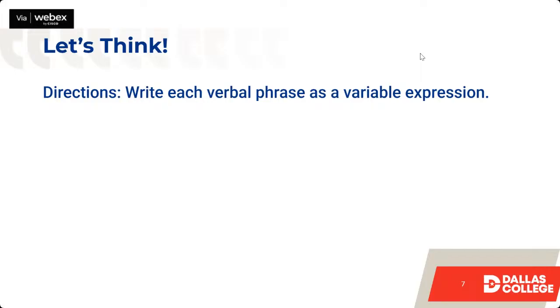I want you to write each verbal phrase as a variable expression, meaning put what I say into a mathematical sentence. A number decreased by 21. How would you write that?